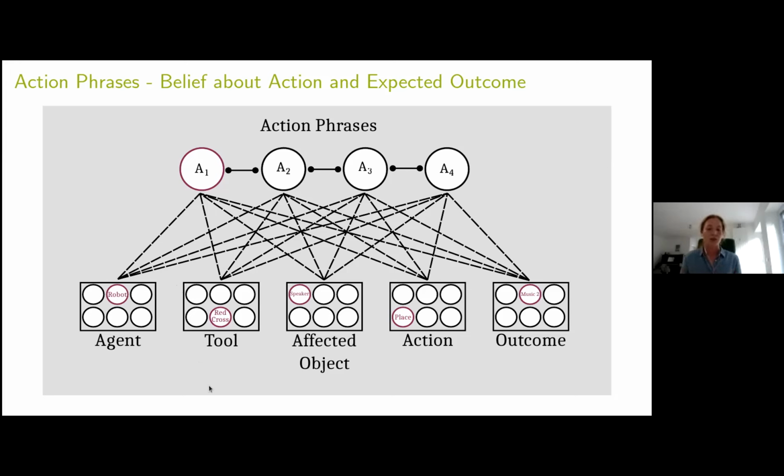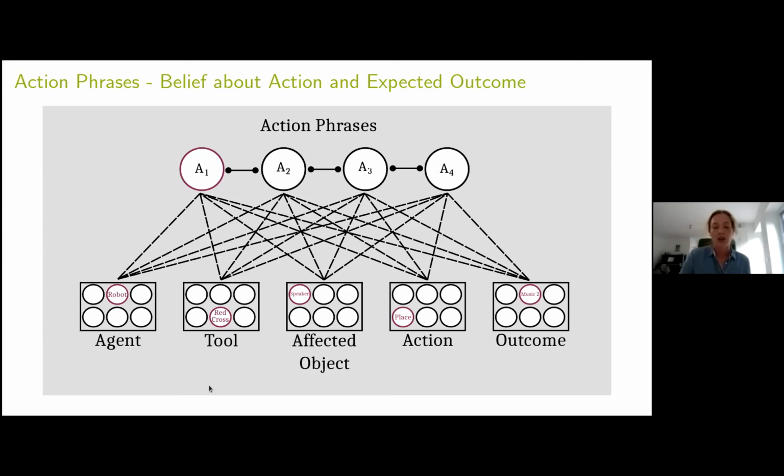And in case of the affected object, you will also find larger objects like the speaker. And in the action pool, there are only those concept nodes that represent an actual action, which is then eventually connected to the motor surface. So you wouldn't expect to find an object there, right?